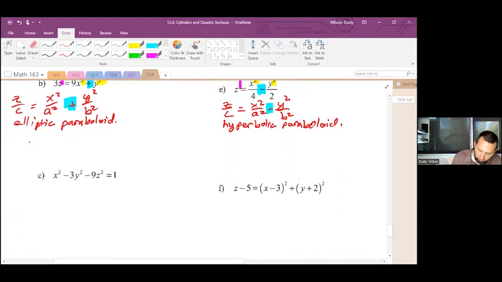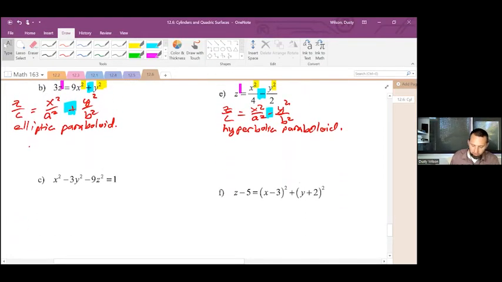And if we fast forward our way to C and D, again, we notice all those squares and just the one first power on the z. And so in C, we notice all those squares equal to 1, and we've got two negatives.